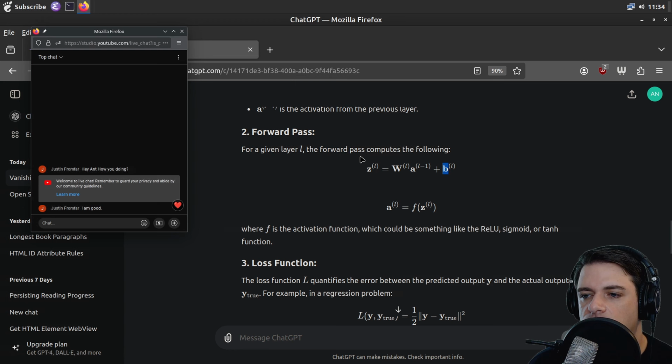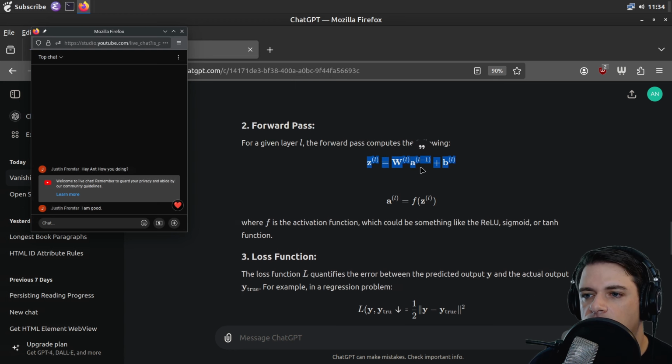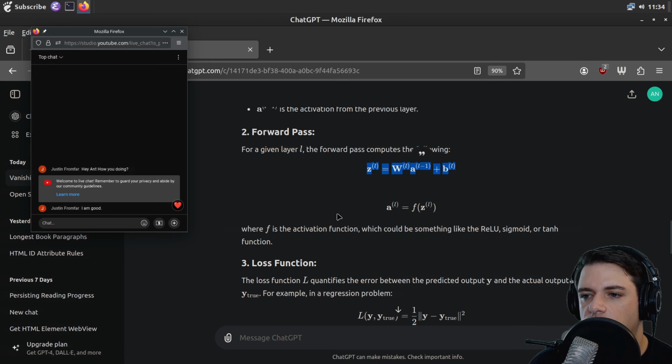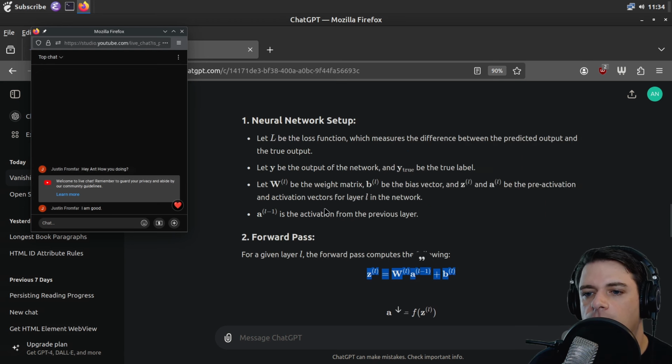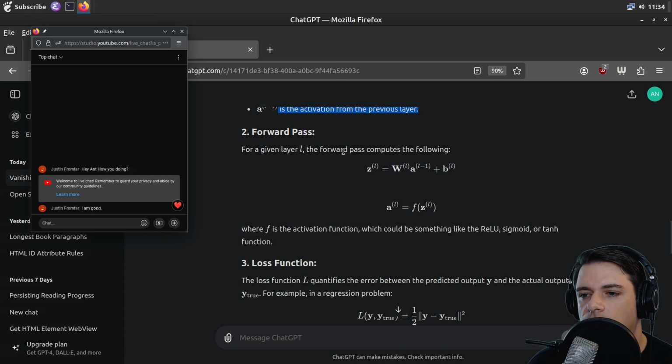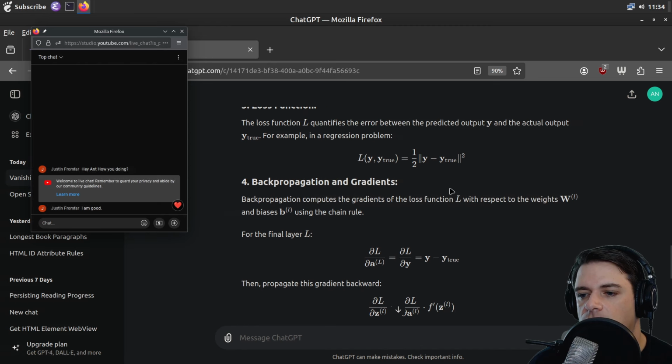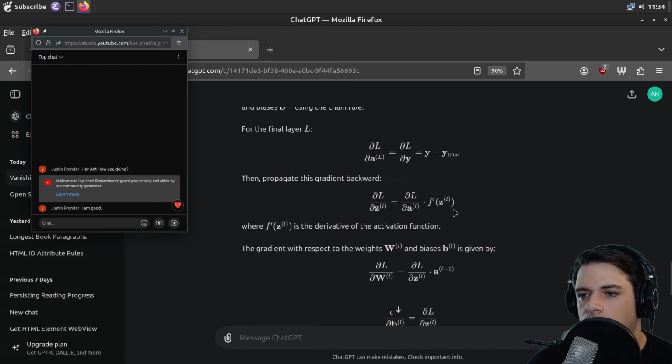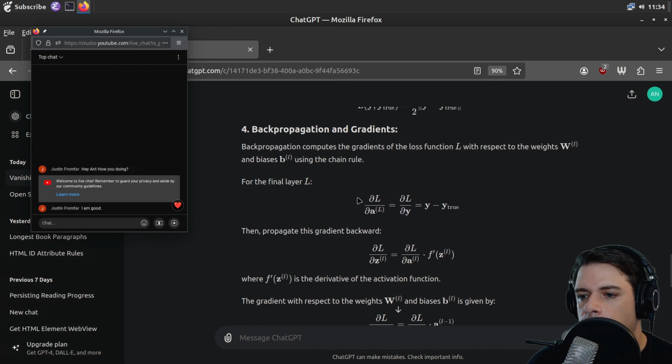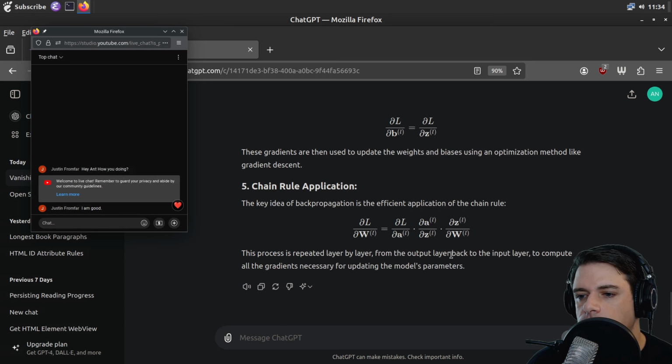So Z is just what we get after the affine transformation of the previous activation. And then presumably we have some squashing function that allows for nonlinearities. Okay. So it does just seem like the chain rule.